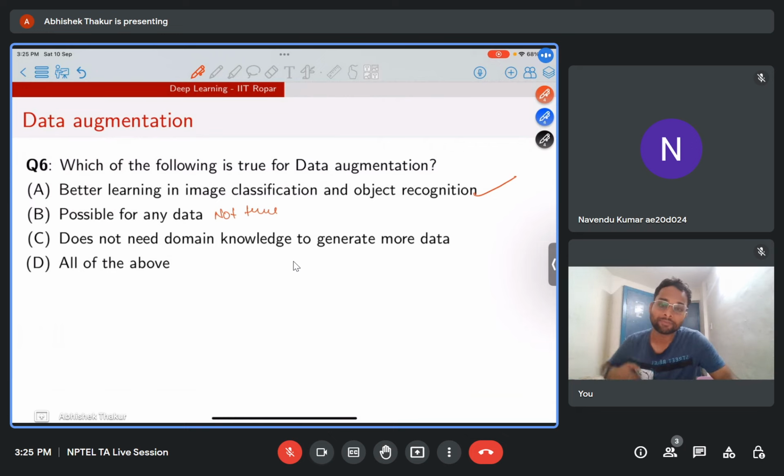If we rotate a cat, the image will still be a cat, and we only have to classify whether it is a cat or a dog. Or take a 2 in the MNIST data set: suppose we have rotated it, so it looks very poor, but it can be rotated so that the model can detect such things also as 2. So it requires domain knowledge.